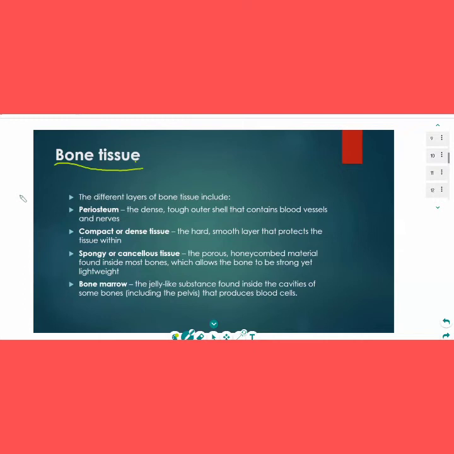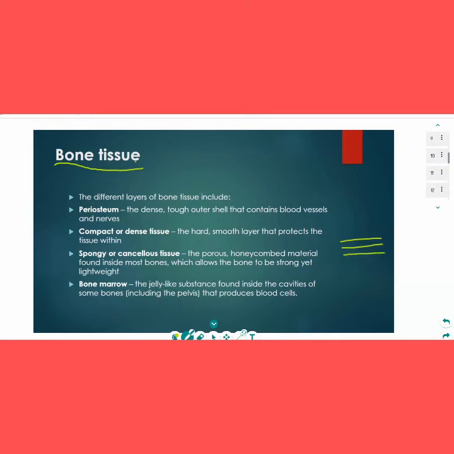Here there are four layers of bone tissues. So the layers we represent as what? Tissues. The topmost layer, the next layer, and the next layer, like that only.